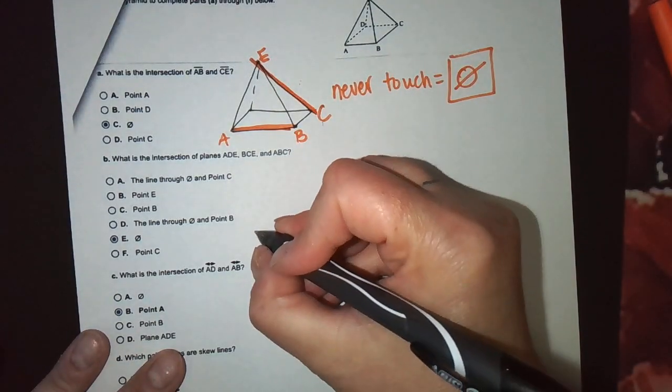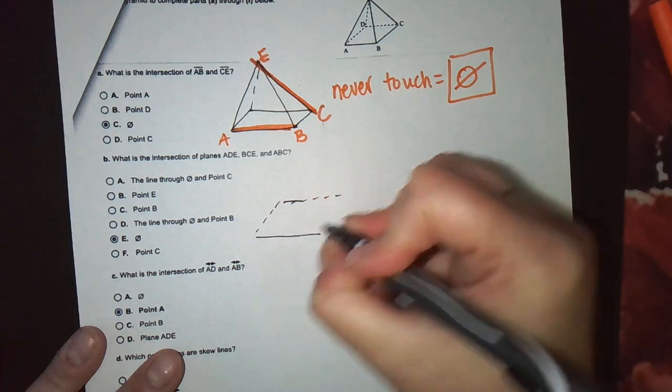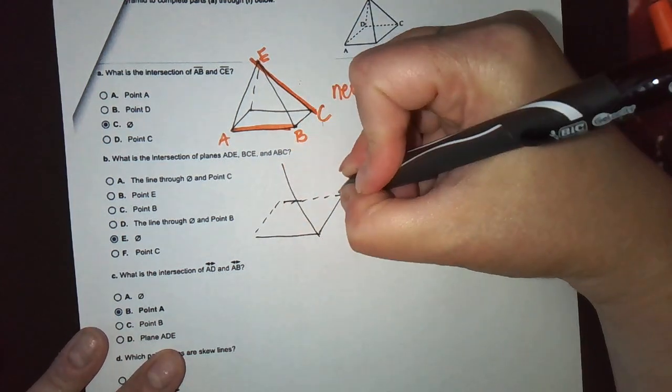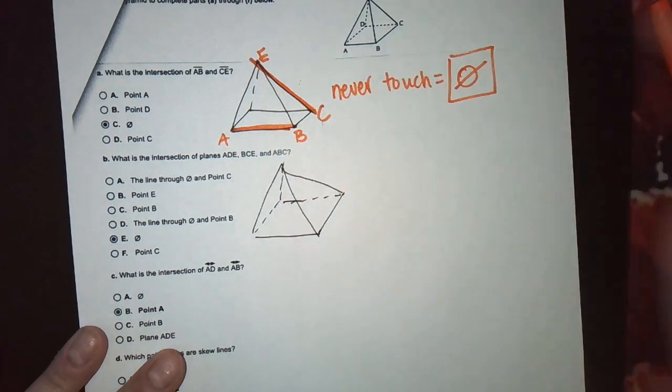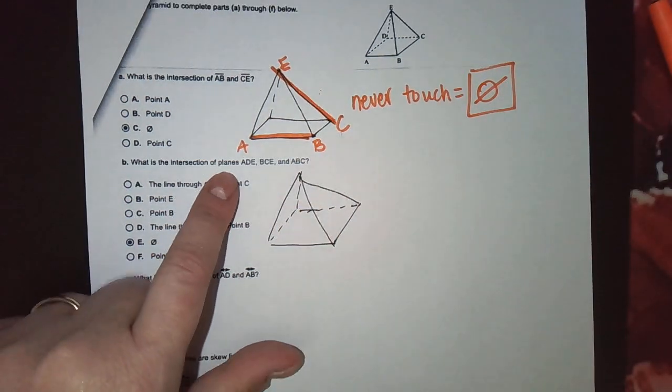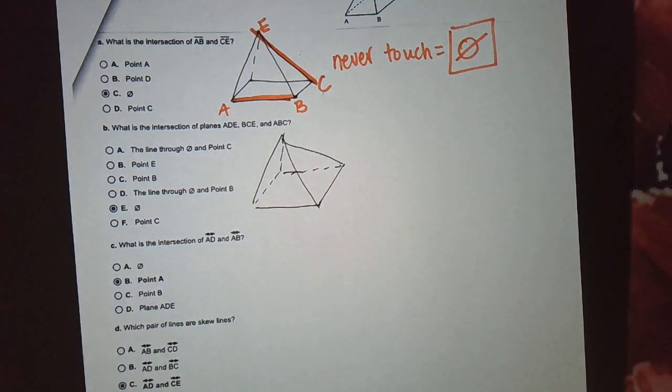Alright, let's try the next one. I'm trying to make it look like it was drawn, but I'm not doing a very good job. Okay, it says, what is the intersection of planes ADE, BCE, and ABC? Okay, well, let's come up with the planes.